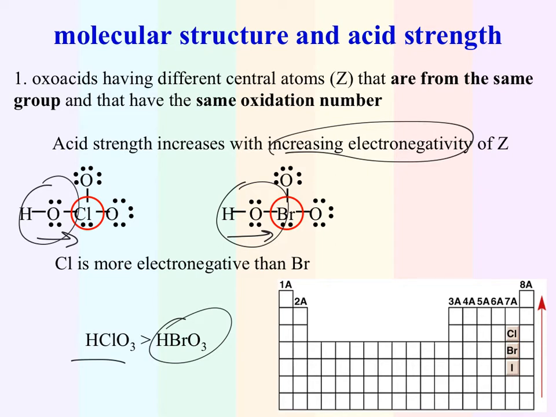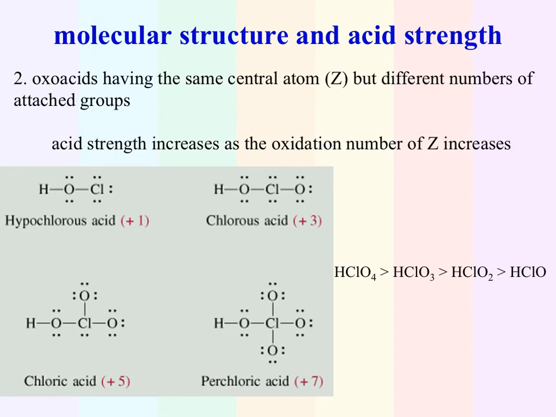Okay, so if we look at oxyacids that have the same central atom, that same Z, but have a different number of attached groups, we are going to be able to decide the acid strength based on the oxidation number of the Z group. If we look at hypochlorous acid, the oxidation number of this chlorine, or the Z element, is +1.